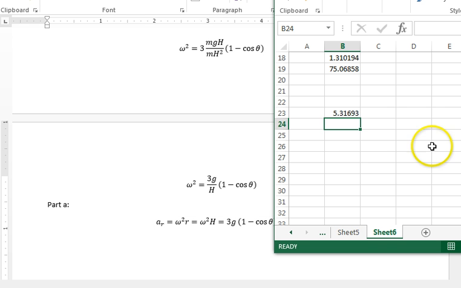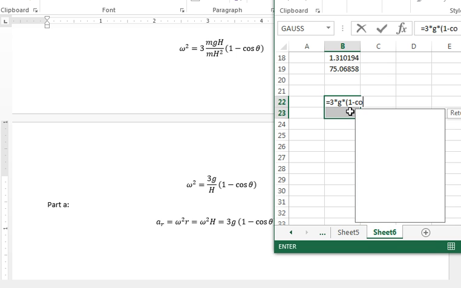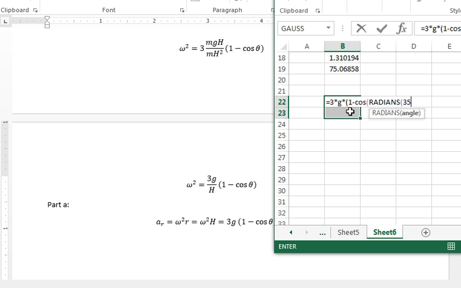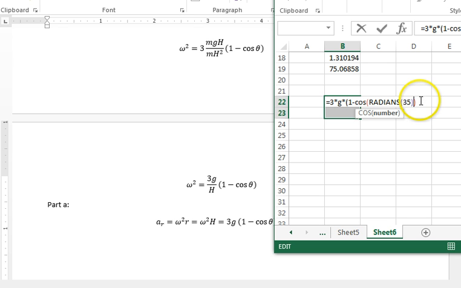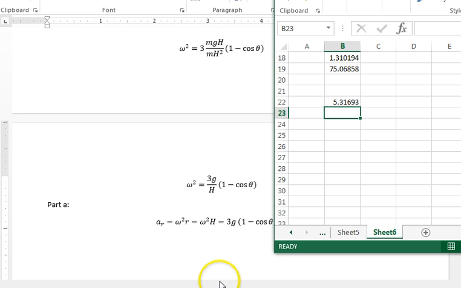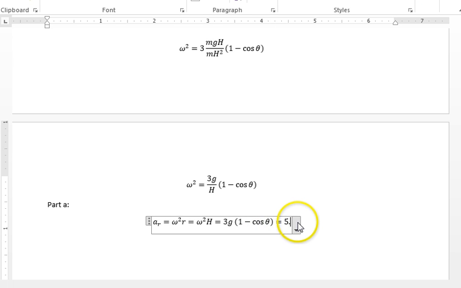So at 35 degrees, we're talking about 3 times g times 1 minus the cosine of 35 degrees, in radians. Oh, I need one more, g, 9.8. So 5.32, 5.32 meters per second squared.